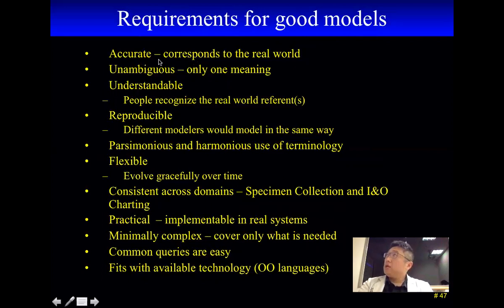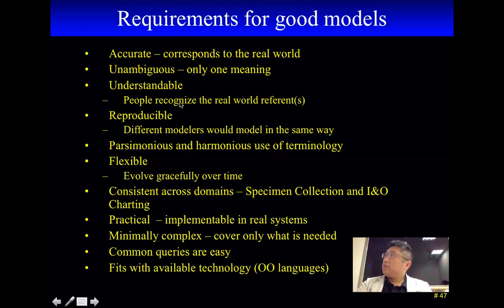Accuracy is the first important thing, and unambiguous, so it only has one meaning. That is a big problem because a computer only understands one thing; if you have different ways to represent the information, the computer will get confused. The third thing is understandable.